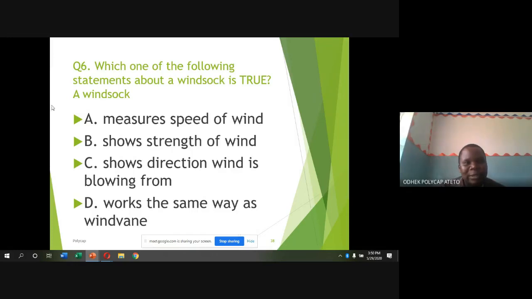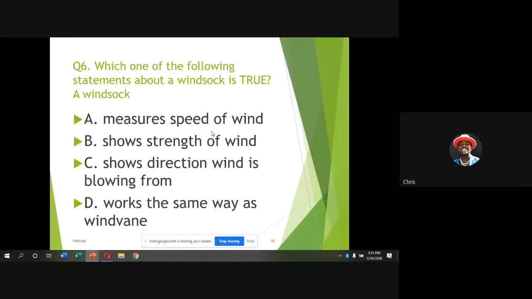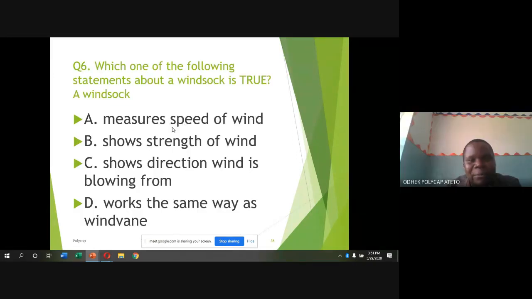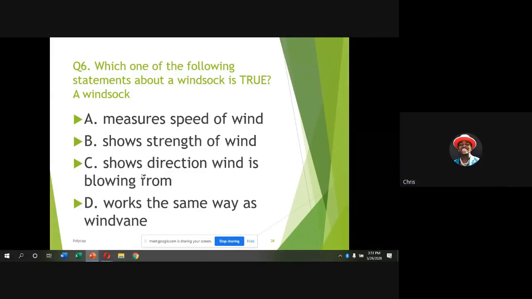So the question was asking which one is not true. So what is wrong with choice A? You have to be specific. Christian? Choice A is an anemometer. It measures the speed of wind. Choice C is a wind vane.